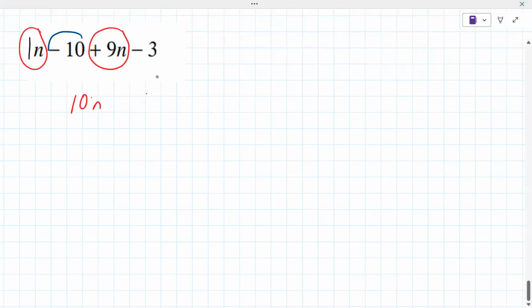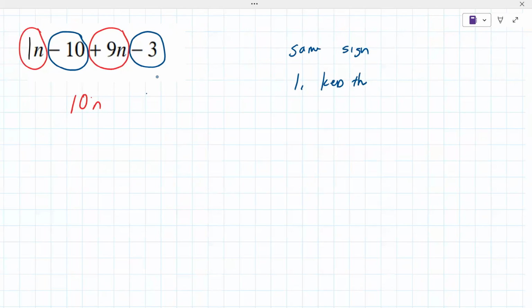Now the operator always goes with it. So it's minus 10 minus 3. They're same sign. What does that become? Negative 7. Or same sign. So we talked about writing down some rules for same sign last time. First is that you keep the sign, that's for sure.